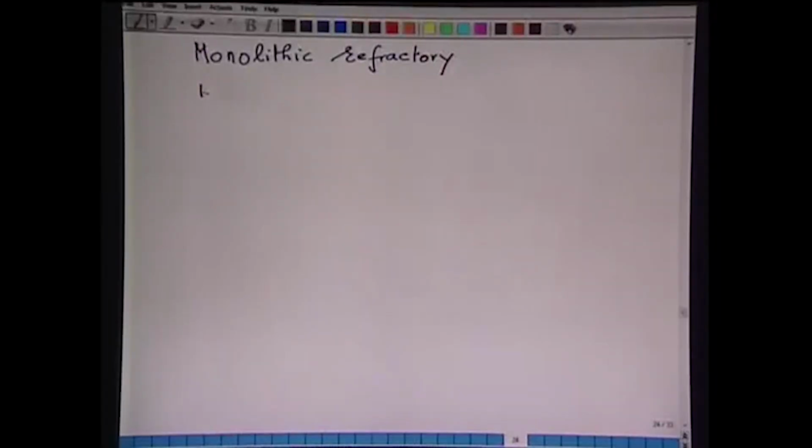Monolithic refractory is the name given to all unshaped refractory materials.